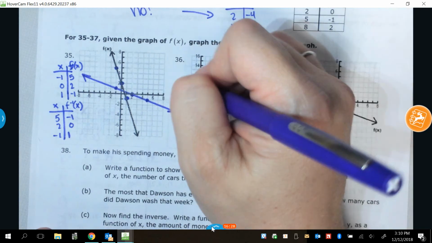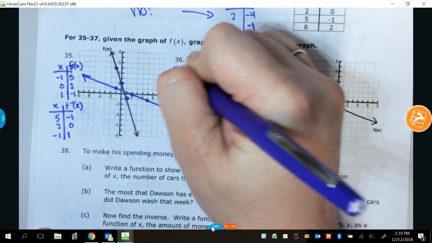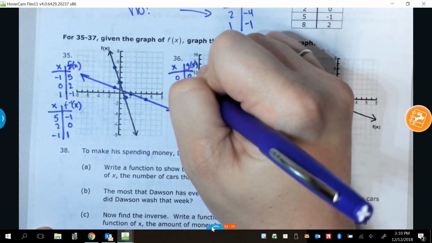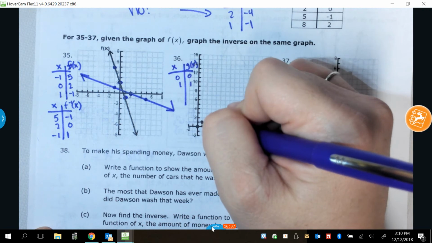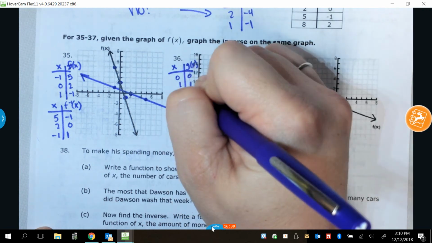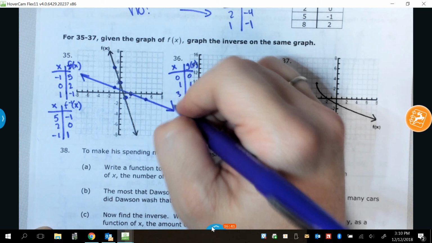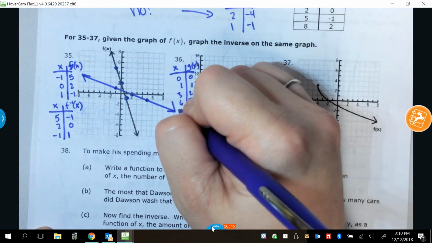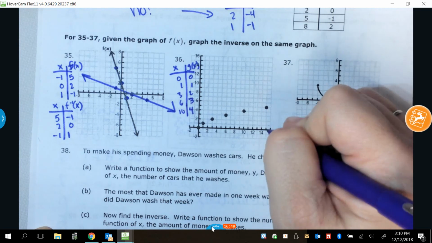Okay, again, let's do this one. I'll call this one g of x. So we have (0, 0), (1, 1), (3, 2), (6, 3), (10, 4), and (15, 5).